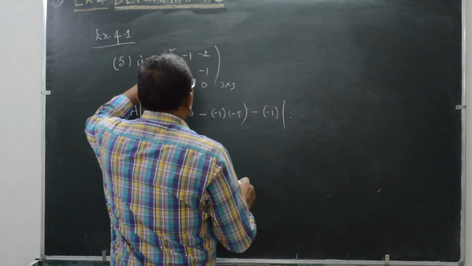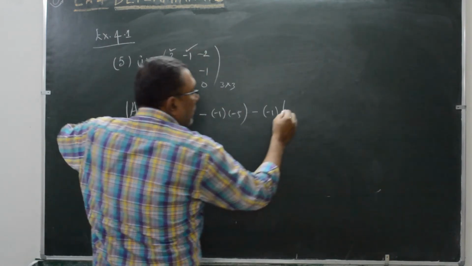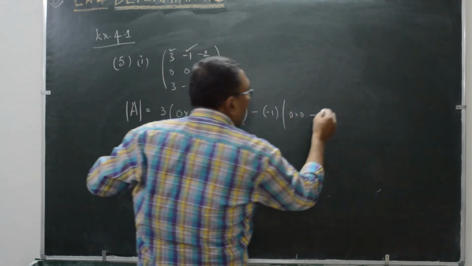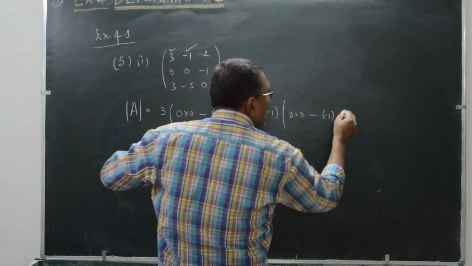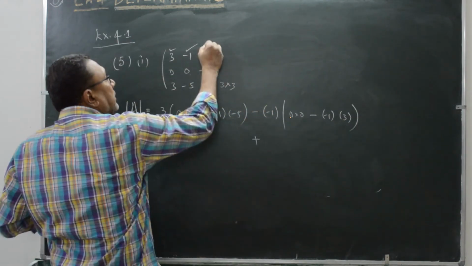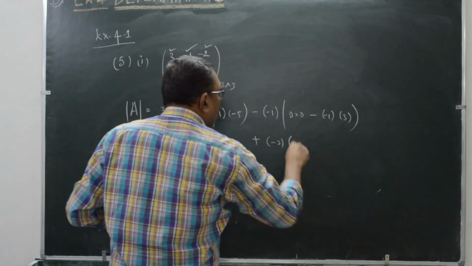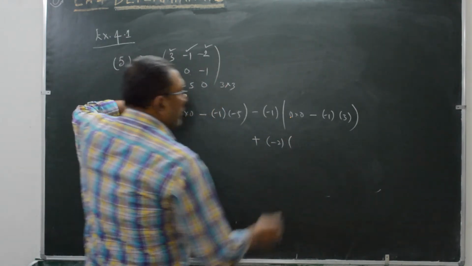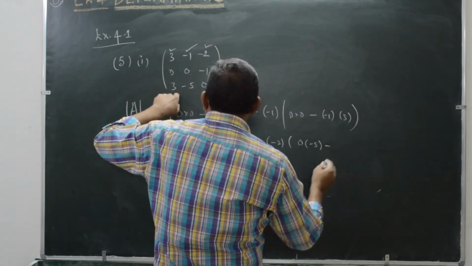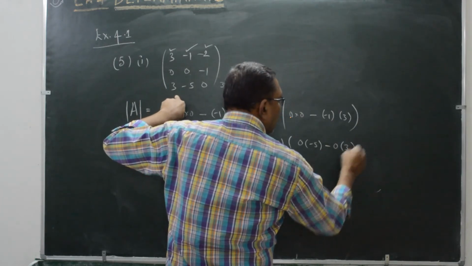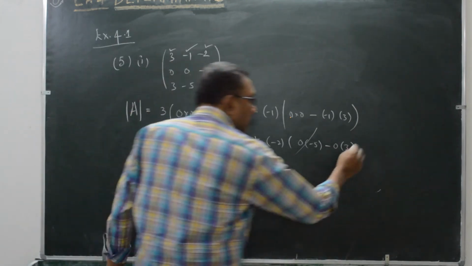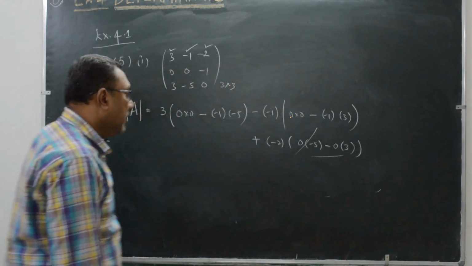Minus 1, this, so 0 into 0 minus 1 into 3, and the next element associated with minus 2, then it is 0 into minus 5 minus 0 into 3. So, this is actually gone because the value of this particular number is 0.